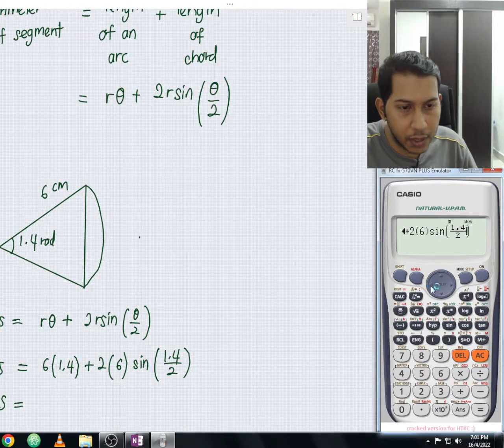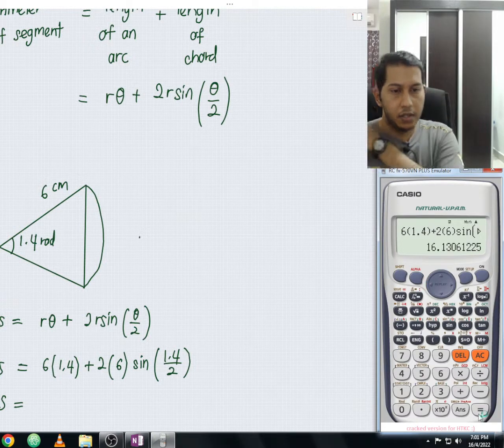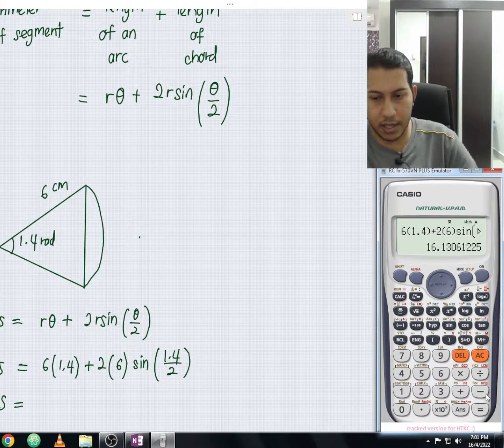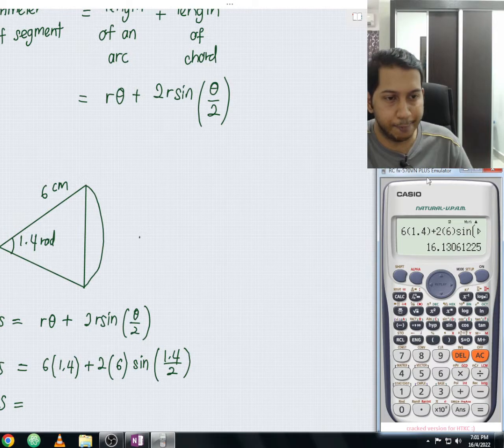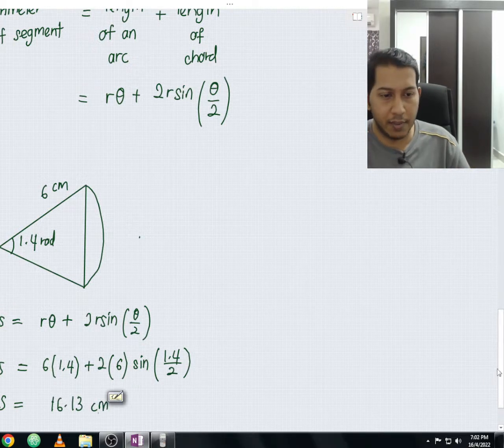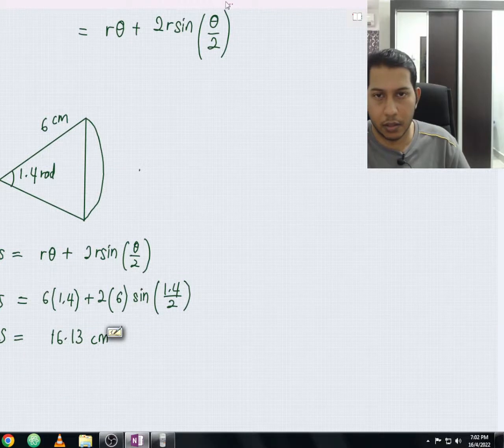Is everything okay? So calculate this. From here you should get your perimeter of segment is 16.13 centimeter. Let me underline the solution for this example.